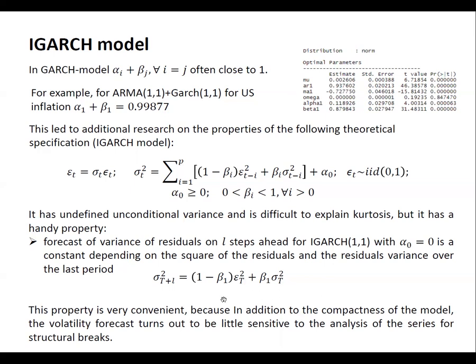That is, in essence, the IGARCH model for the forecast uses some given function of the last value of the variance. This property is very convenient because it takes on most of the changes in volatility. It doesn't think of anything. It just takes this volatility as some function of the last value and predicts, and that's it. That is, in addition to the compactness of the model, the forecast turns out to be insensitive to the analysis for structural breaks in the variance.